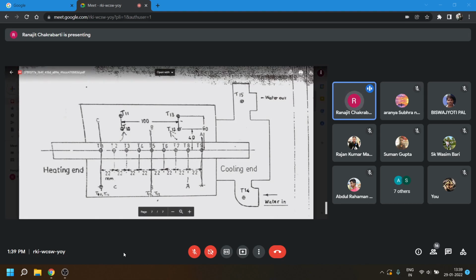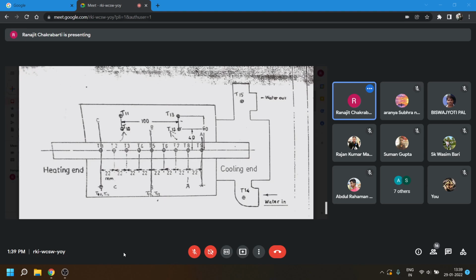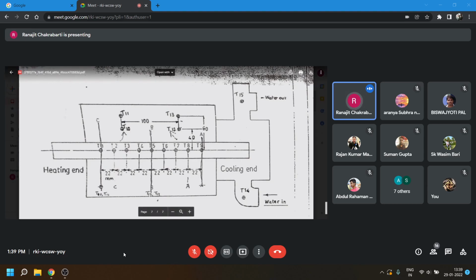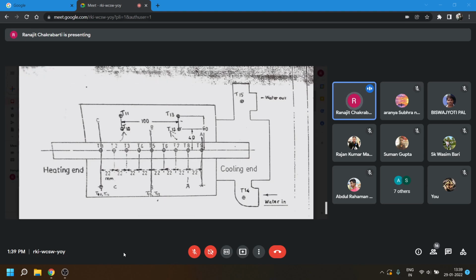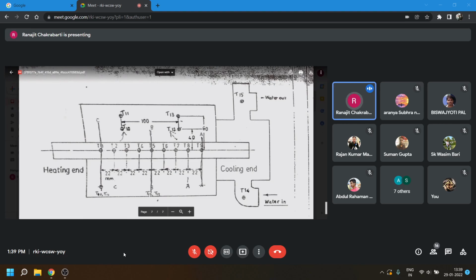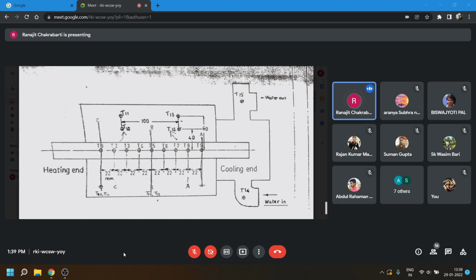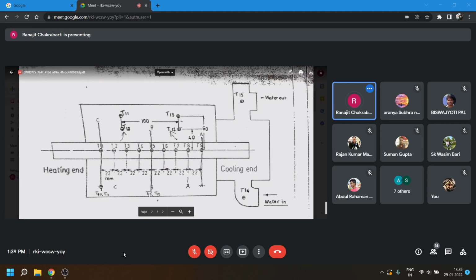Because this is continuously heated, and this is continuously cooled. And a steady state is attained when the temperature in every section attains a steady value with time. That means the temperature in this section is not changing with time, but they are different.